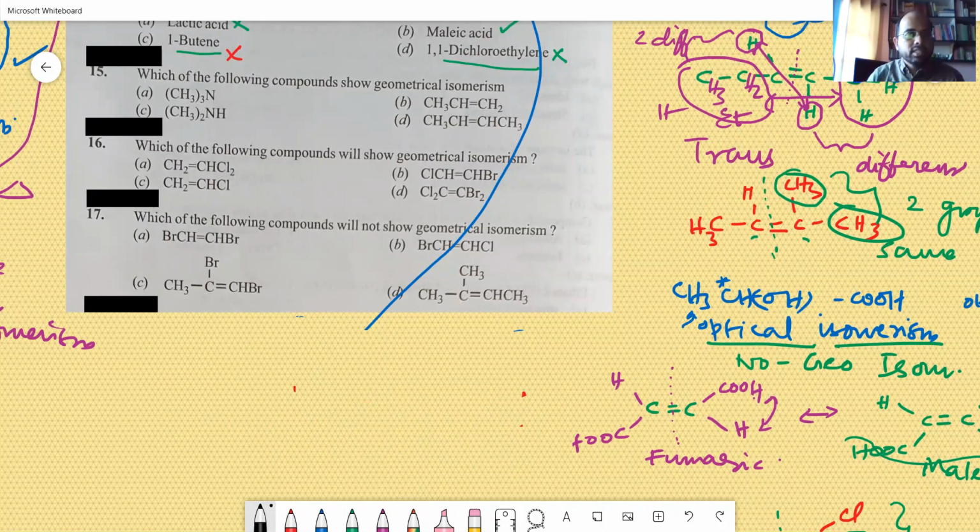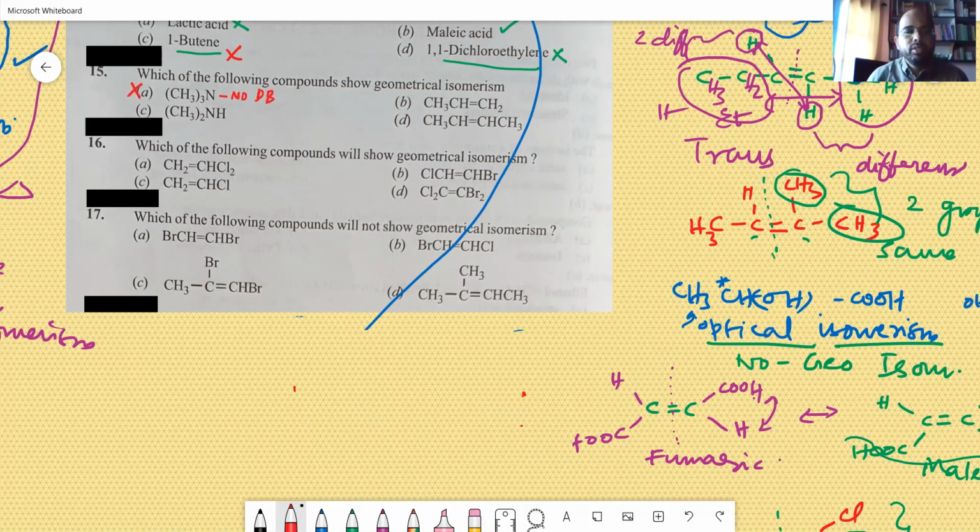Okay, you can see directly that this is a quaternary ammonium compound. There is no double bond here, and therefore it will not show geometrical isomerism.